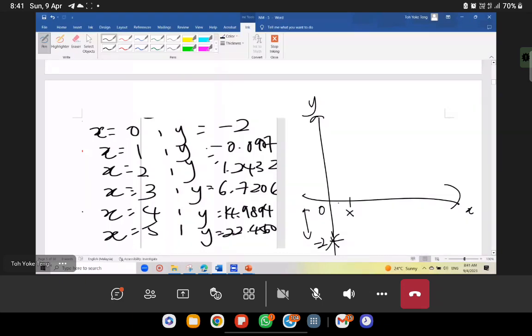And then when x equals 2, 1.2 something, when 3, 6.7 something, let's say here.